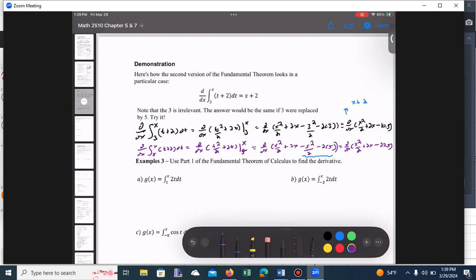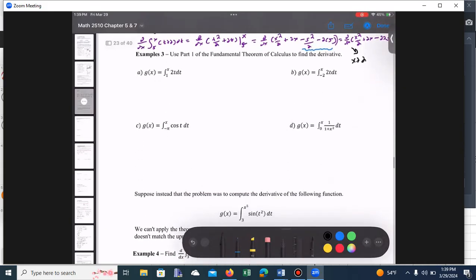That's the only thing that the lower limit changes, is that negative 22.5 from the negative 10.5. When we take the derivative of that, it's just going to be 2x over 2 plus 2, so it'll be x plus 2. And the derivative of that constant is just 0. Okay, so that's why that lower limit does not matter.